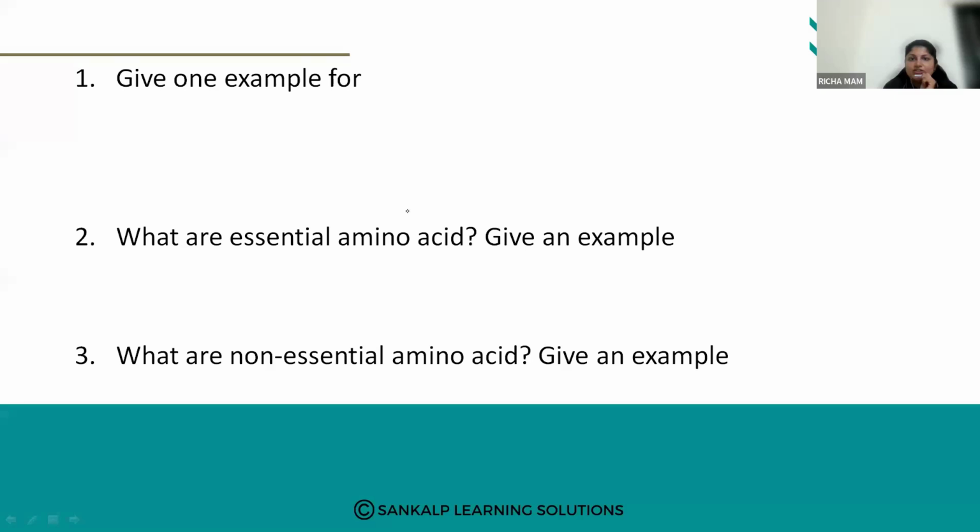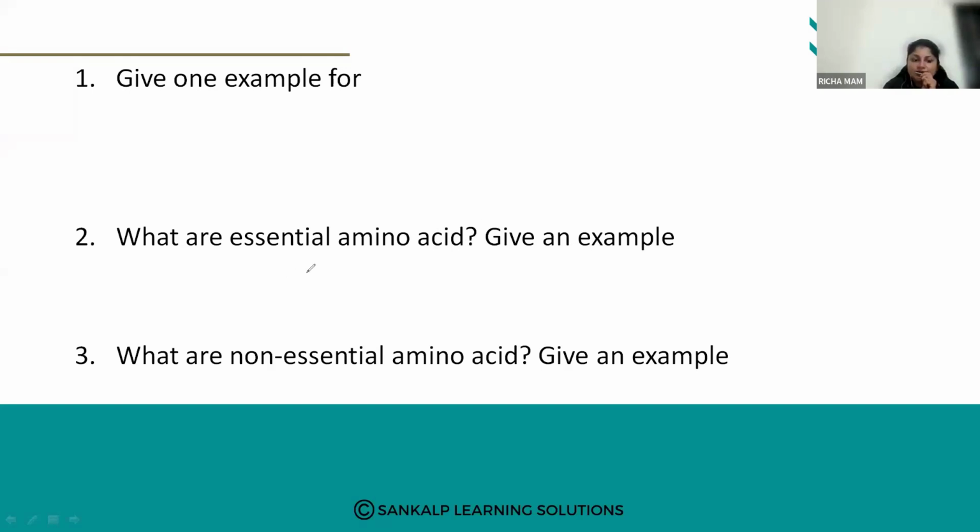Essential amino acids cannot be synthesized in our body and we must take them through diet. So they are called essential amino acids.